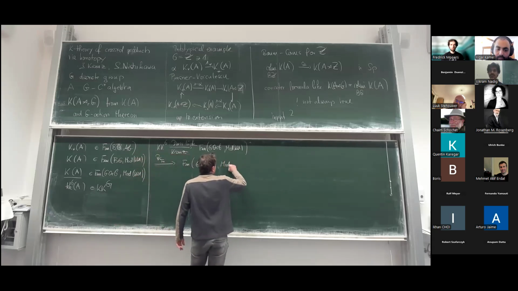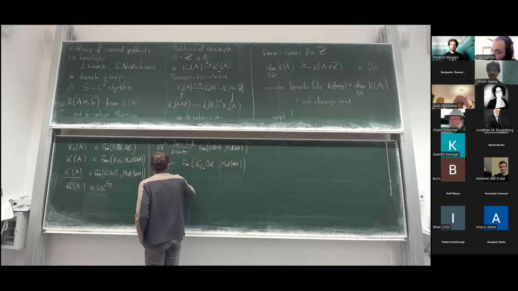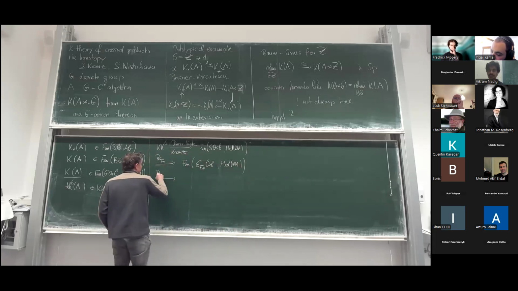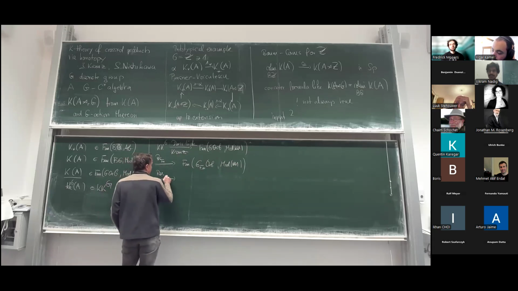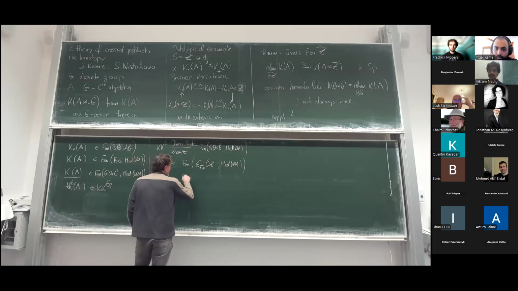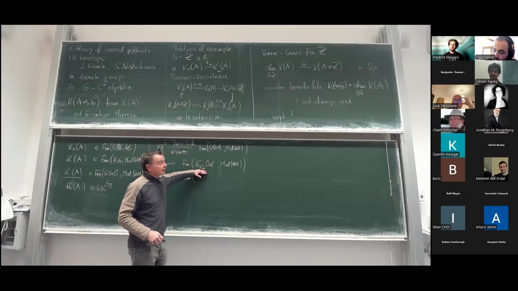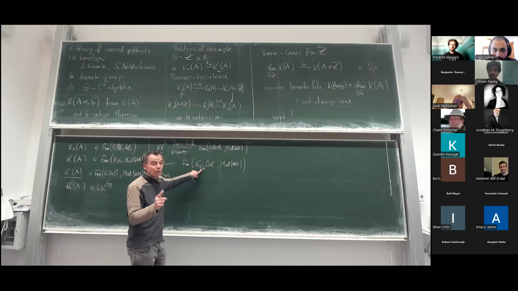And okay, I can restrict the functor to the full subcategory. And then I can restrict further to the family of the trivial subgroup. For the orbit category of the family of the trivial subgroup, there is only one orbit, namely the orbit by the trivial group, which is G itself.